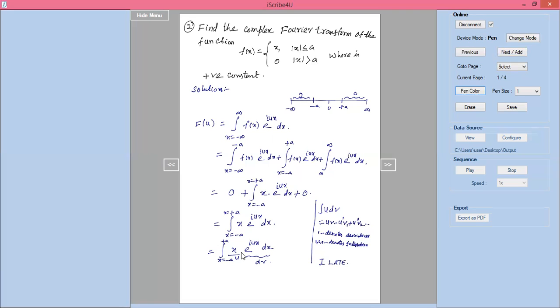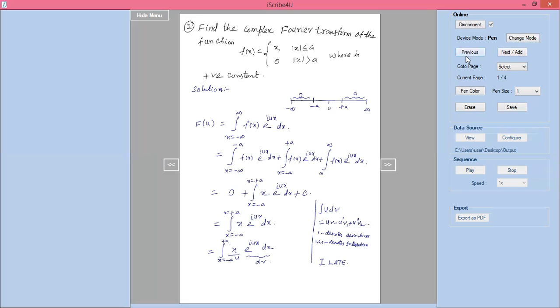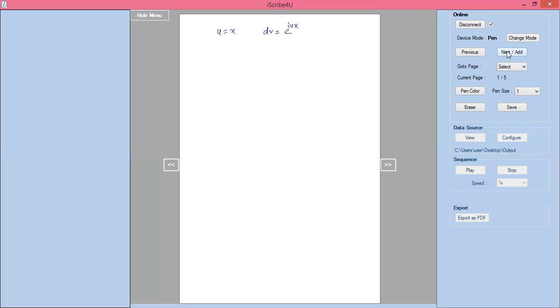Now if I apply this and integrate, I'll get it in the form of first one should be u, another one should be e power iux into dx. So according to this formula, u into v, u is nothing but x. I'll write here, see, u equal to x, dv equal to e power iux into dx.